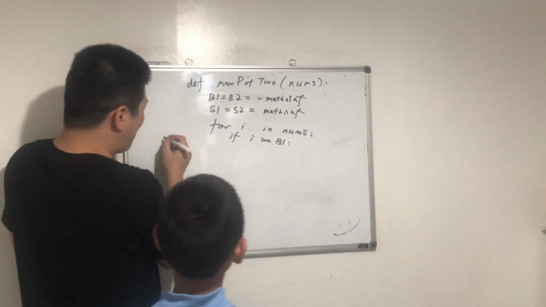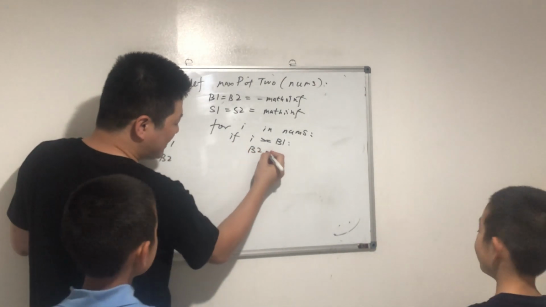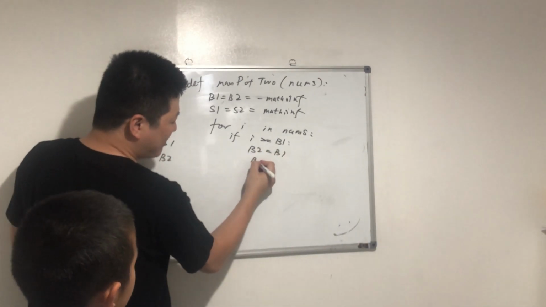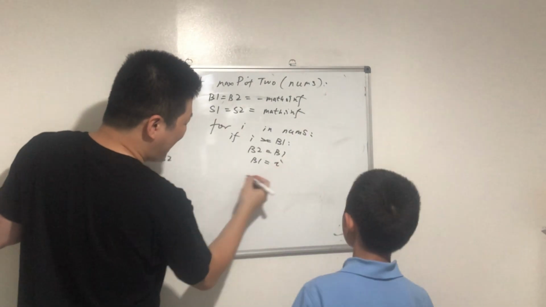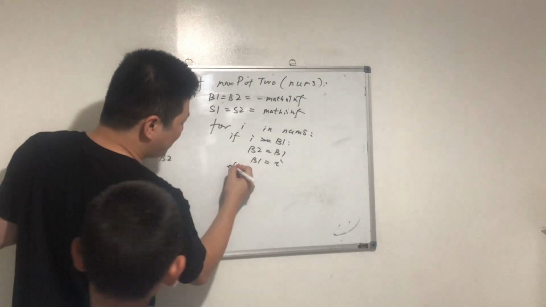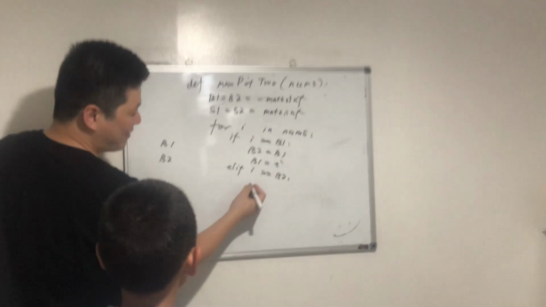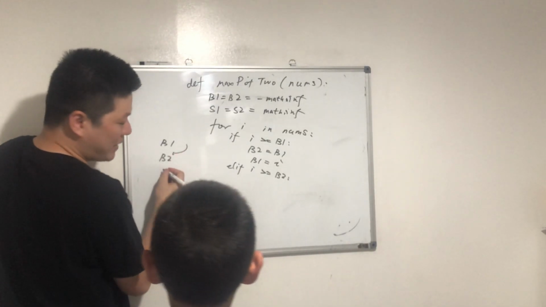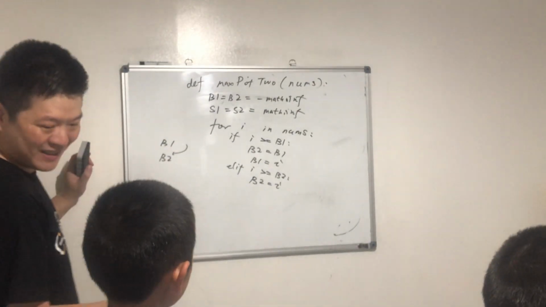B2 equals B1, and then B1 equals I. Then, if I is bigger or equal to B2, then B2 equals I. Got it?